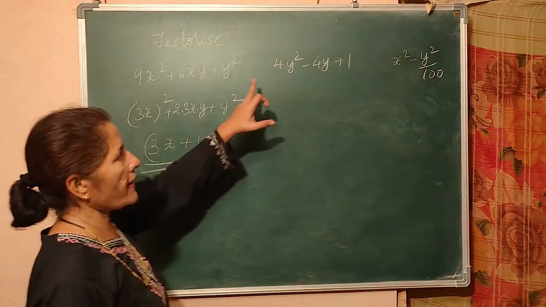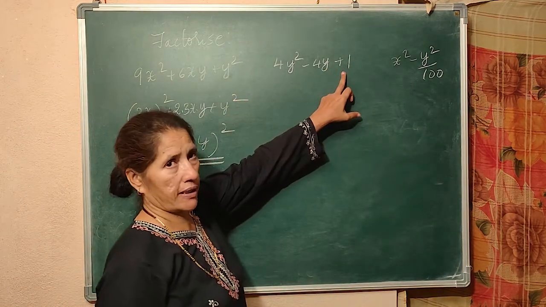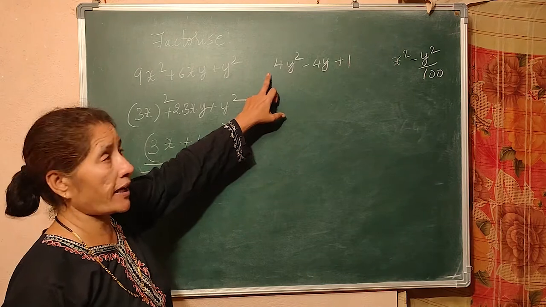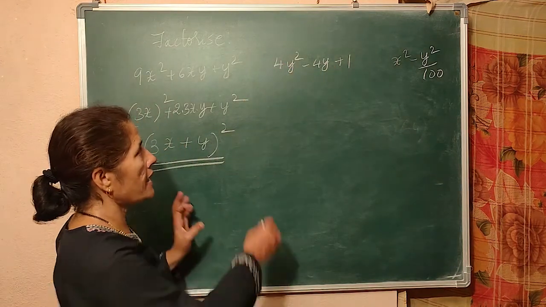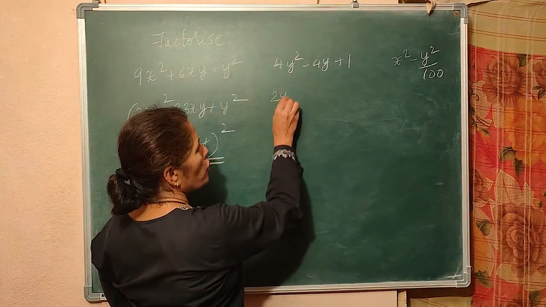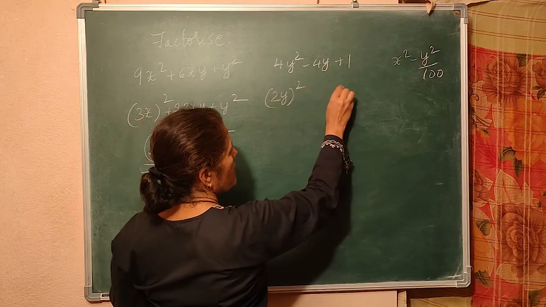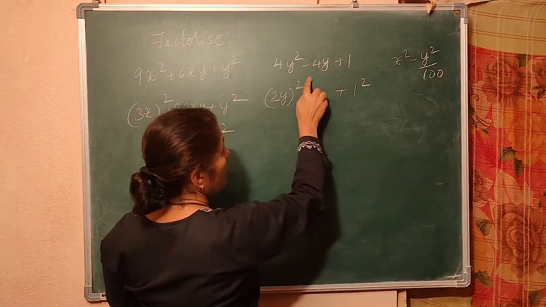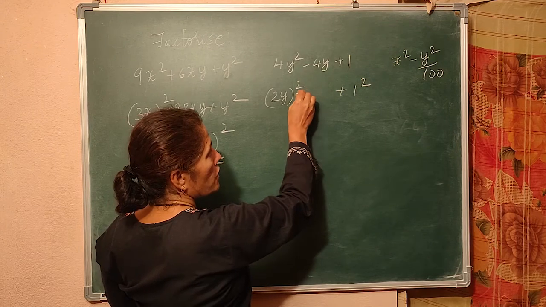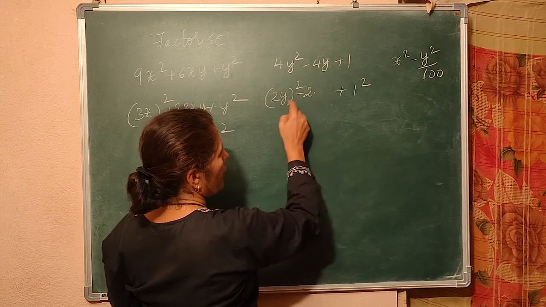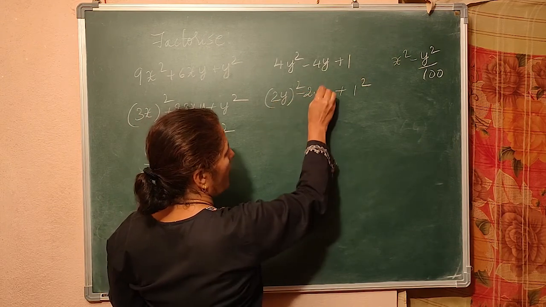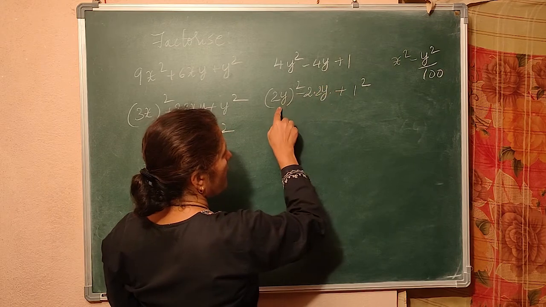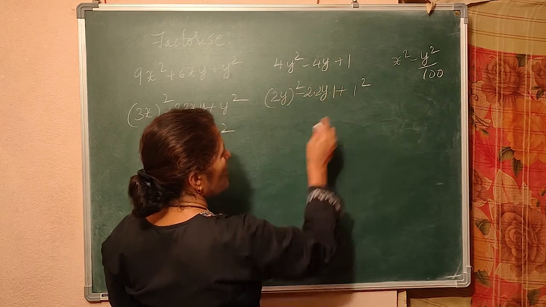Next, 4y square minus 4y plus 1. First number is also a square number, last one is also a square number. This is nothing but 2y the whole square, this is 1 square. So, the middle term you see, this side is minus. So, minus 2 into a is what? 2y into what is b? 1. Right?